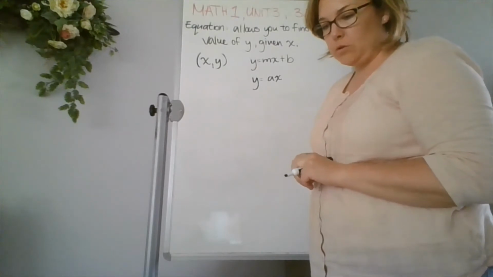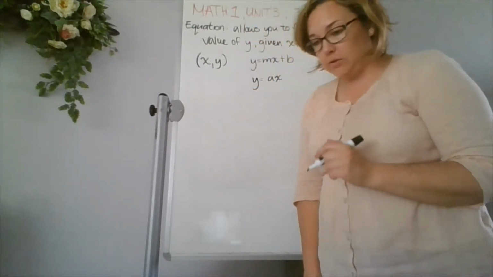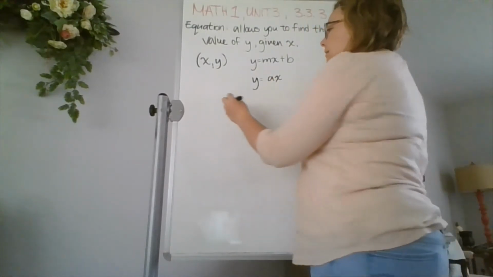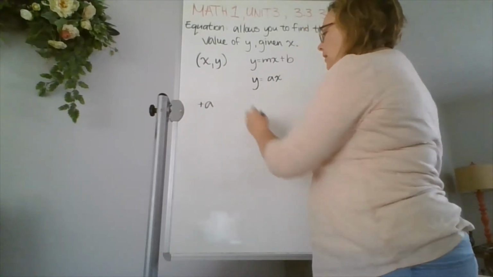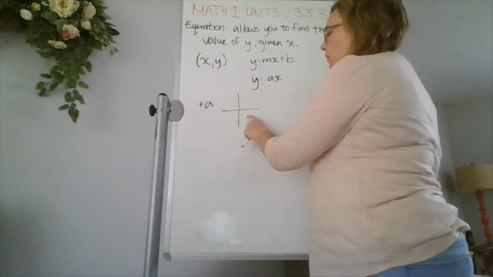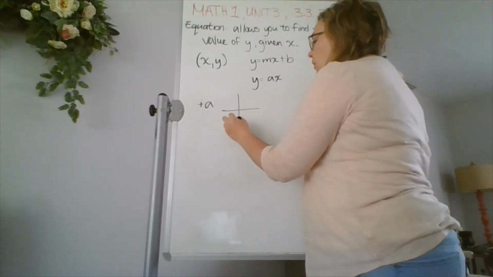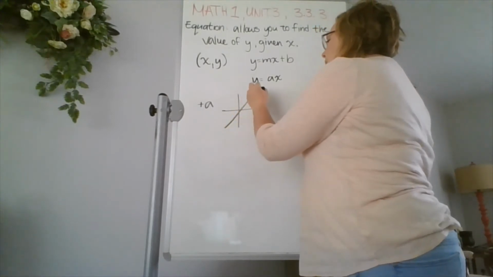Okay, so let's go through a few things. There are a few things I need to tell you about slope. When a is positive, your line on your coordinate plane, going from left to right, is going to go up.